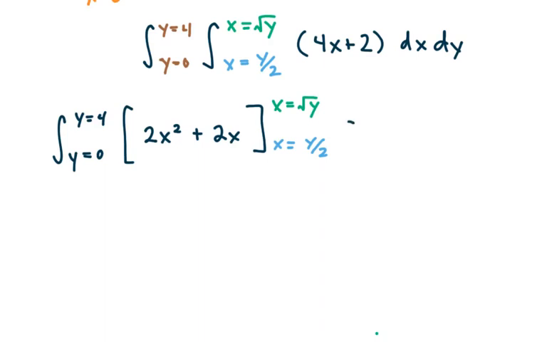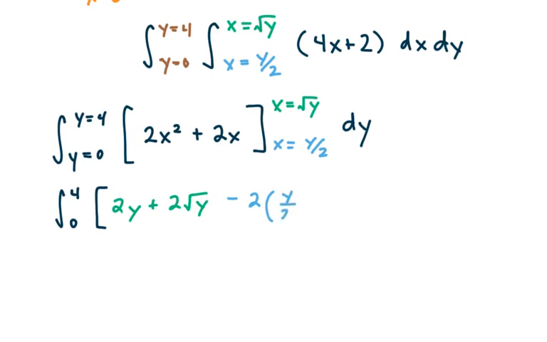We still will need to integrate with respect to y, and there's really no way around this. We always are going to have to plug that value in and simplify this little algebraic expression. So we've got 2 square root of y squared, that's just going to be 2y, plus 2 square root of y. And then we've got minus 2 times y over 2 squared, which is going to be y squared over 2.